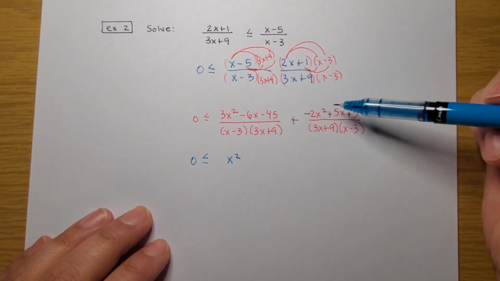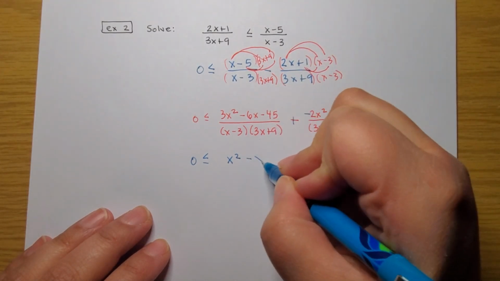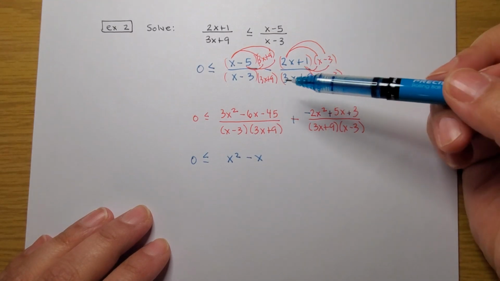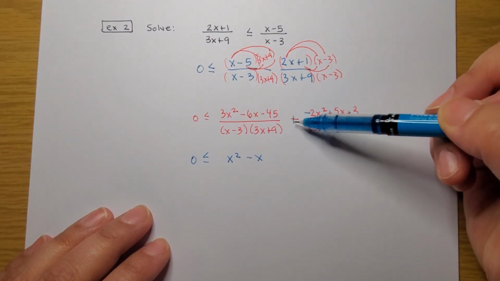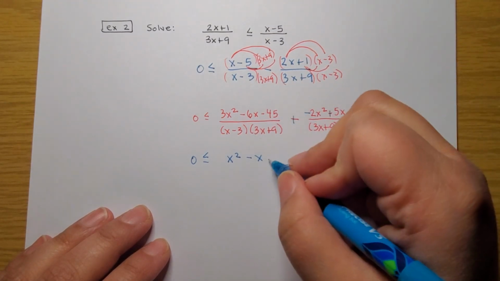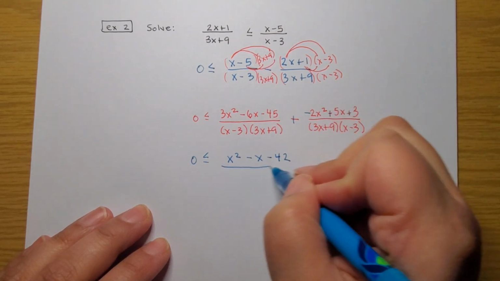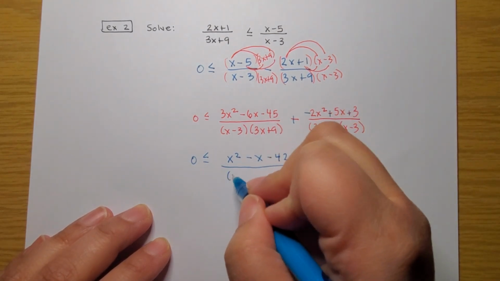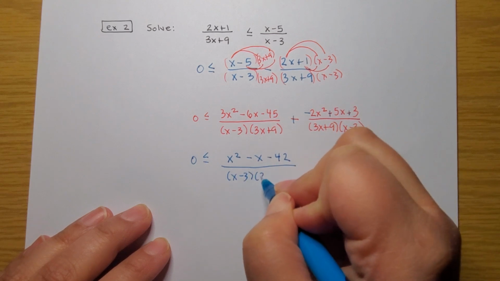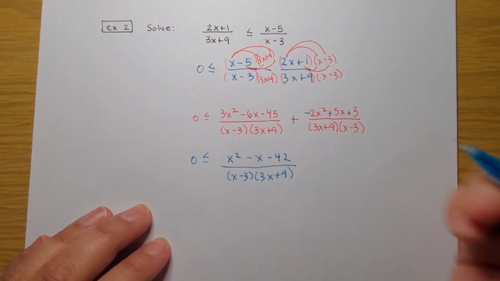Minus 6x plus 5x is minus x. Minus 45 plus 3 is minus 42. All over (x - 3)(3x + 9).